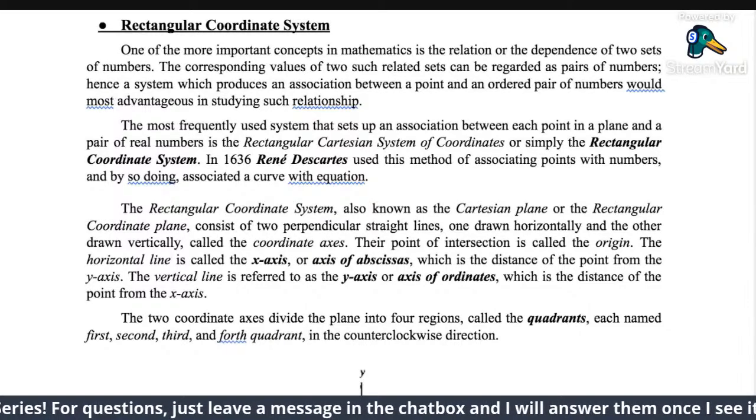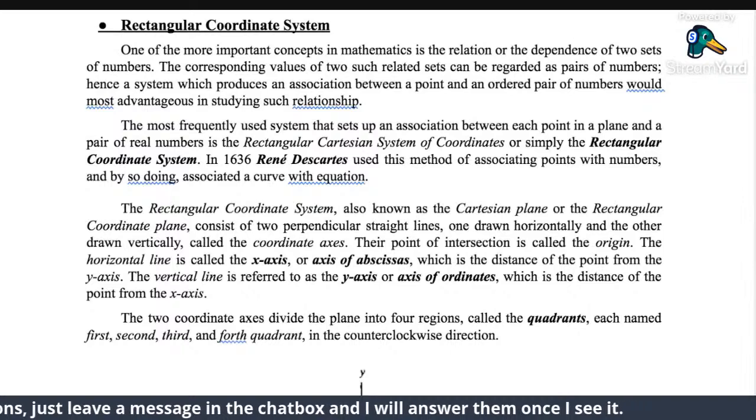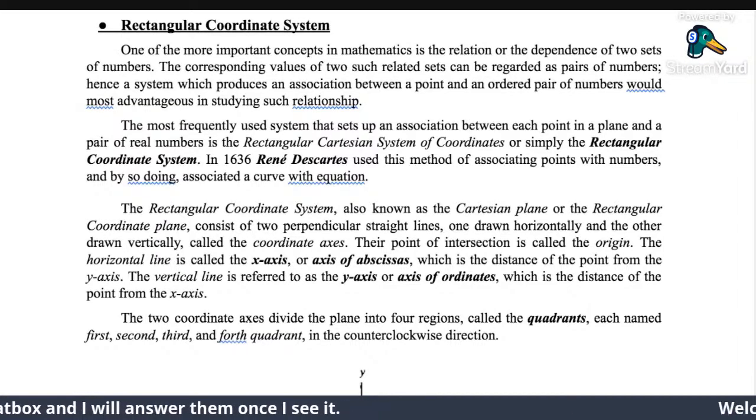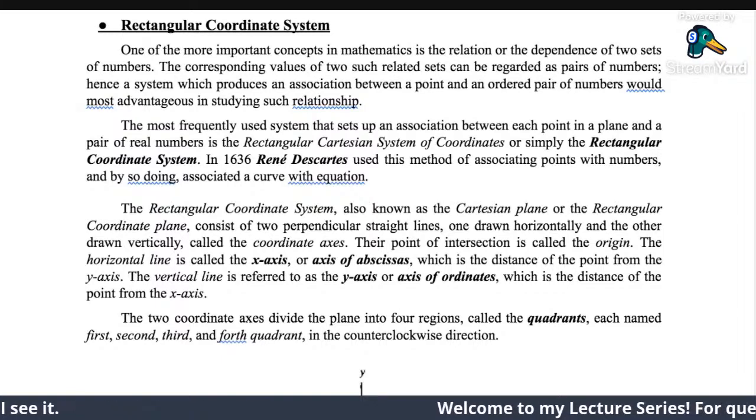So you have your x and y axes. The x-axis is sometimes called the axis of abscissas, and the y-axis sometimes called the axis of ordinates.